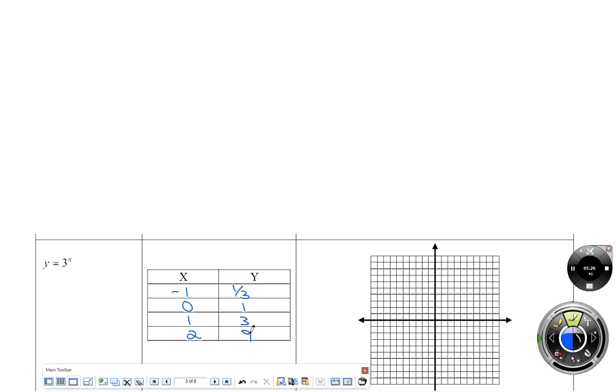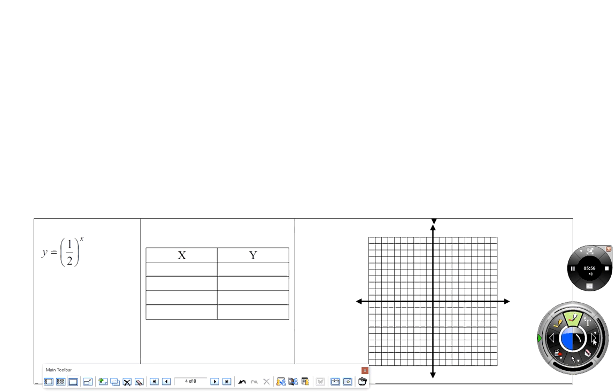And so again, your graph should have looked the same shape, but points just in slightly different places. And still an asymptote at y equals 0. Any questions on our 3 to the x graph?